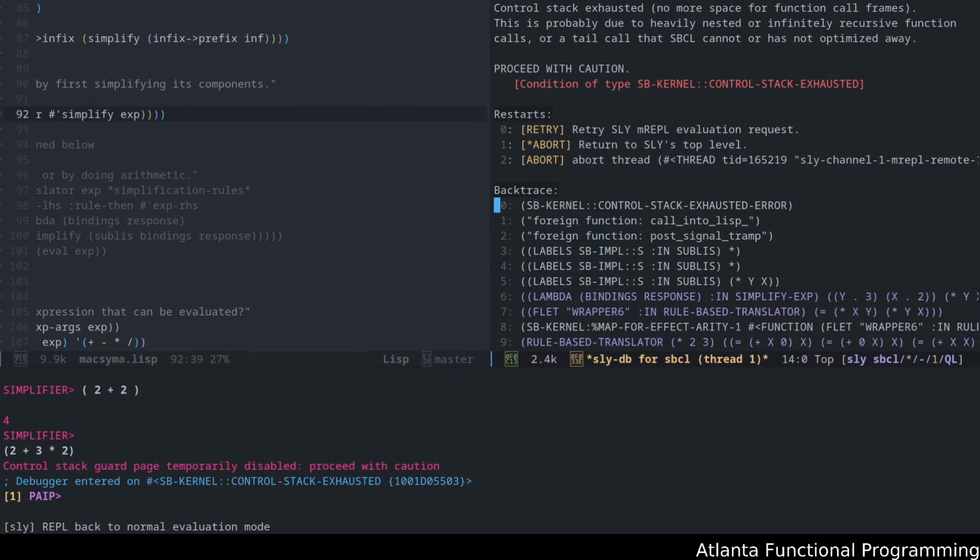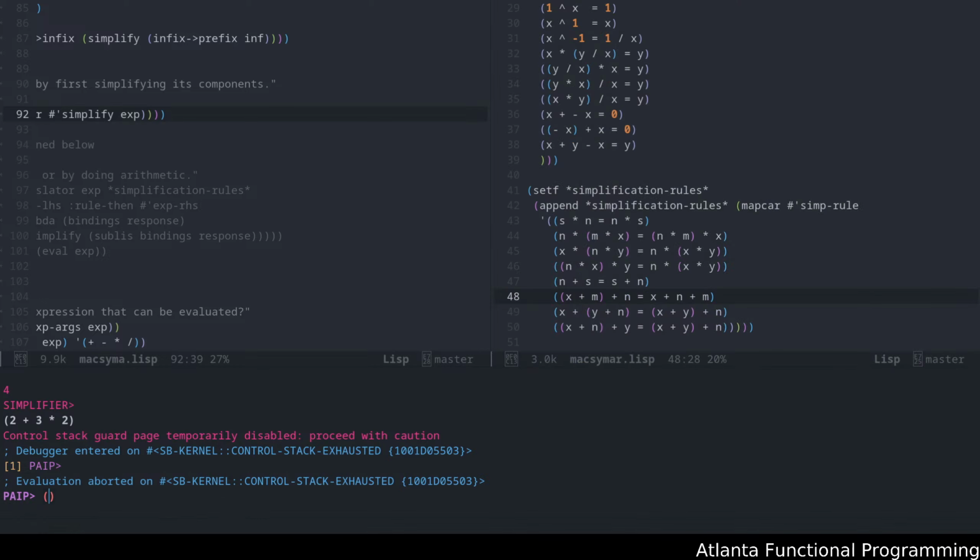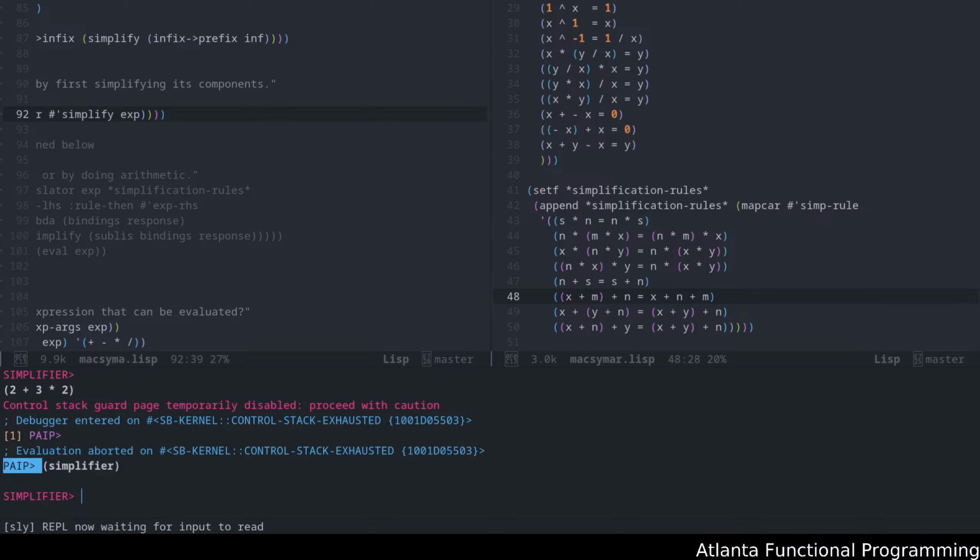Oops, sorry, I forgot I have to call the simplifier. There we go, and we do 2 plus 3 times 2. We have to put it in parentheses.